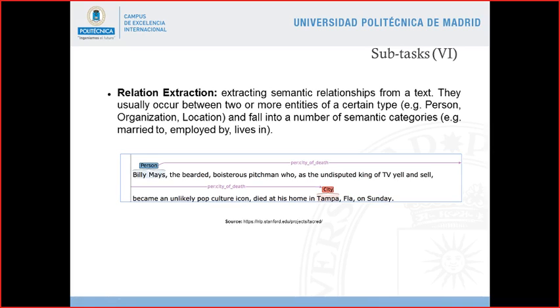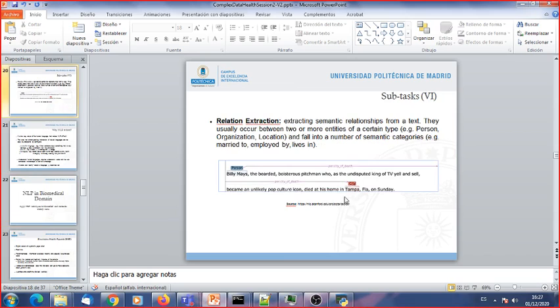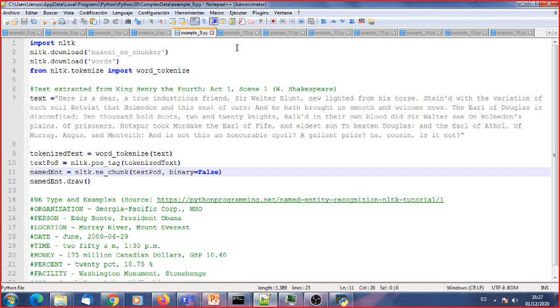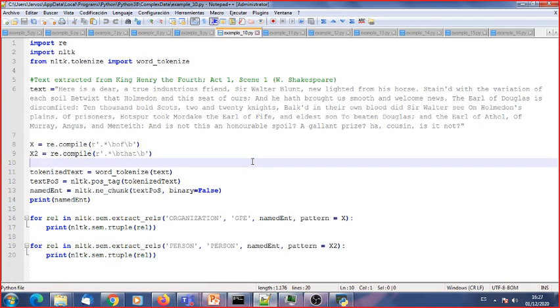We want to know the relation between the person and the city, and we obtain that this relation is the city of death. So you can infer that Billy Mays died in Tampa from the text.